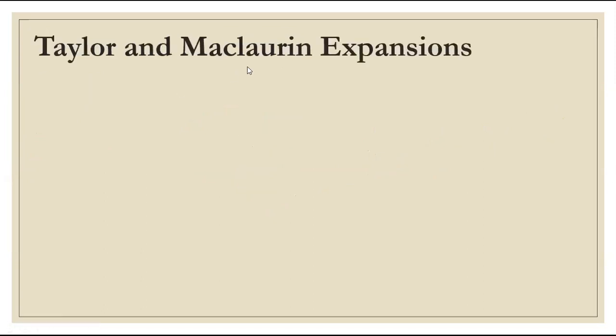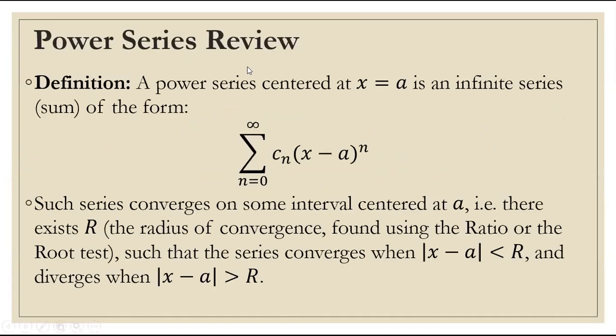Now, the convergence of the power series. Actually, the convergence and divergence of the power series isn't important for me, and the radius of convergence and the ratio and root tests, which you studied in Calculus 3, aren't important for me at all. This is only some revision.